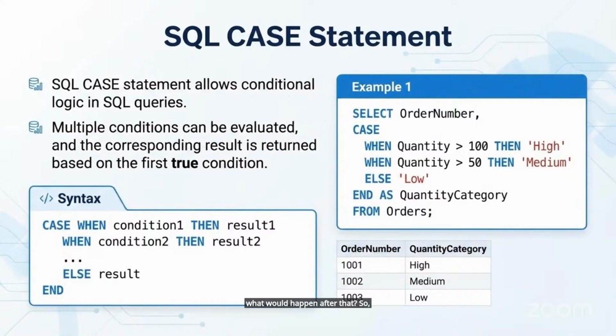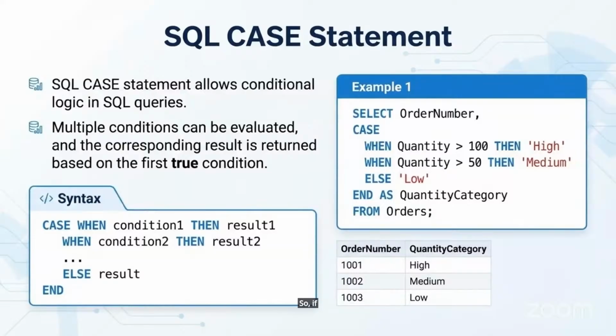So select order number, and then you might want a different result set, not being a column, but either an evaluated value, in this case using case, or a constant.